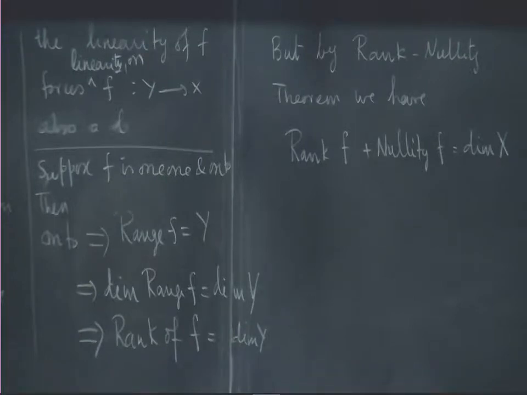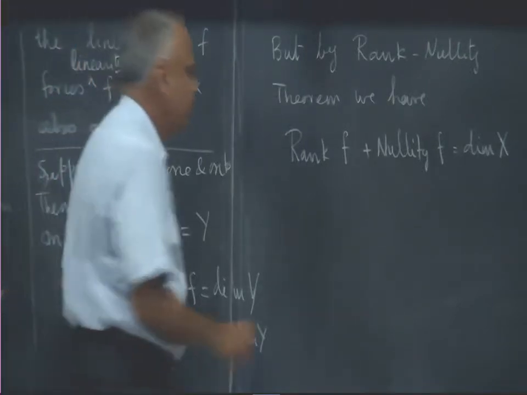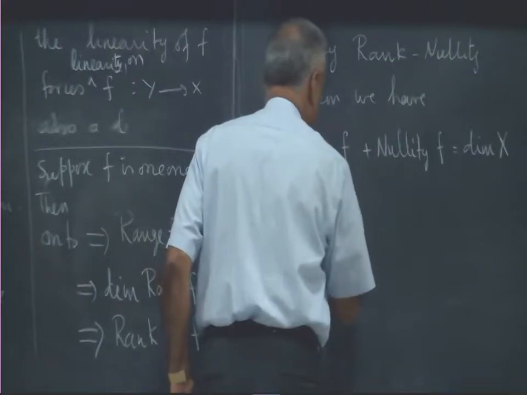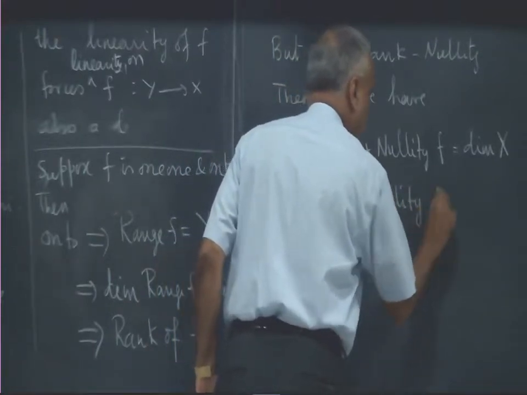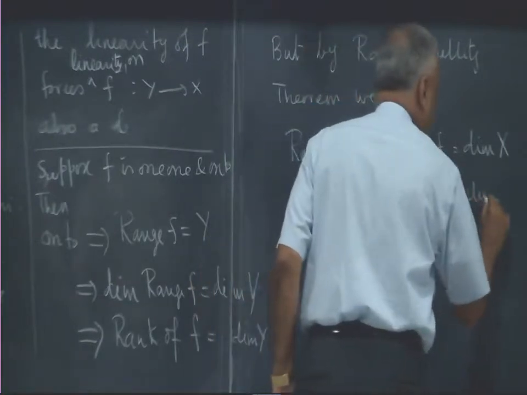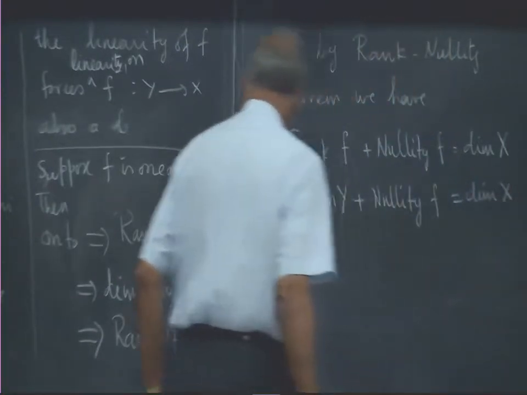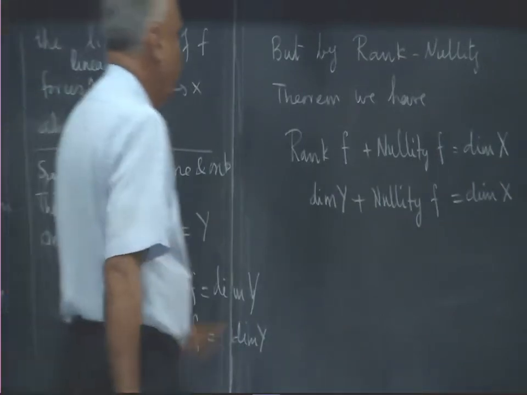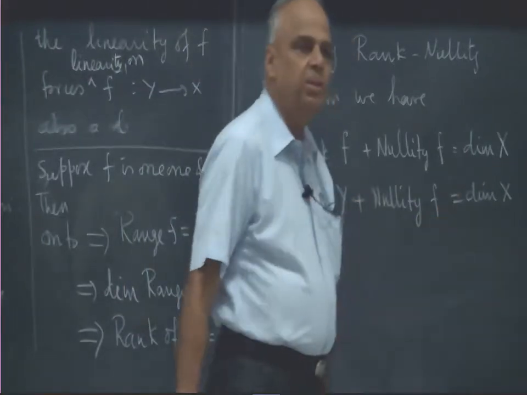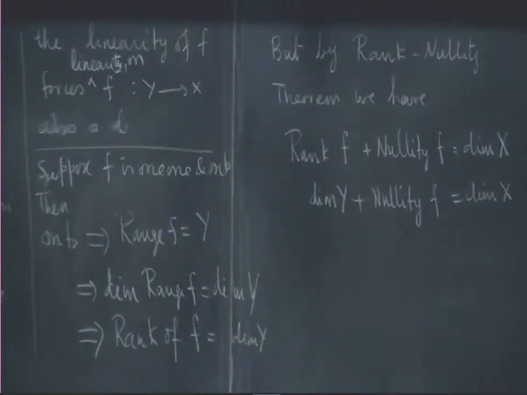But now rank of F is the dimension of Y. So the dimension of Y plus nullity of F is equal to the dimension of X.